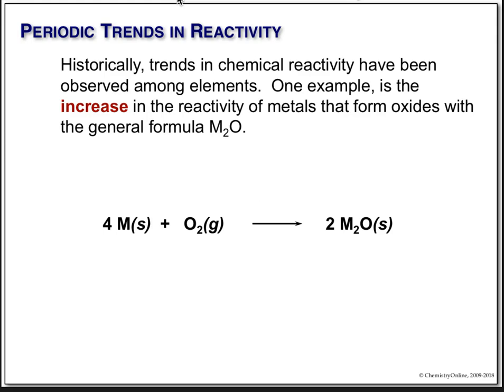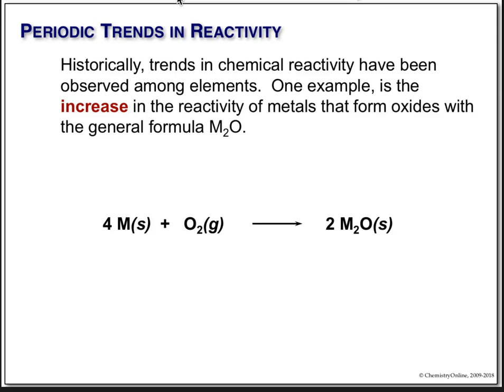Specifically, let's look at a group of metals. If we took a metal, reacted it with oxygen, we could form M2O. There were a series of metals that formed oxides with two metals and one oxygen.